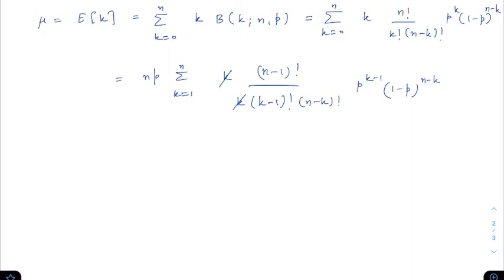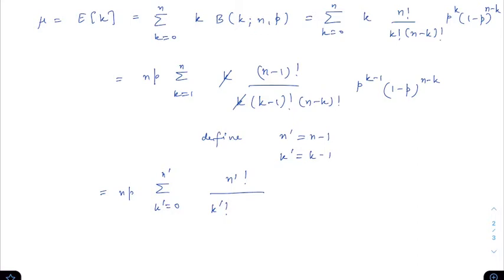Let's define n prime as n minus 1 and k prime as k minus 1. That allows us to again start the sum from k prime equal to 0 all the way up to n prime. In the numerator we get n prime factorial, and n minus k is equal to n prime minus k prime because both have an equal shift.